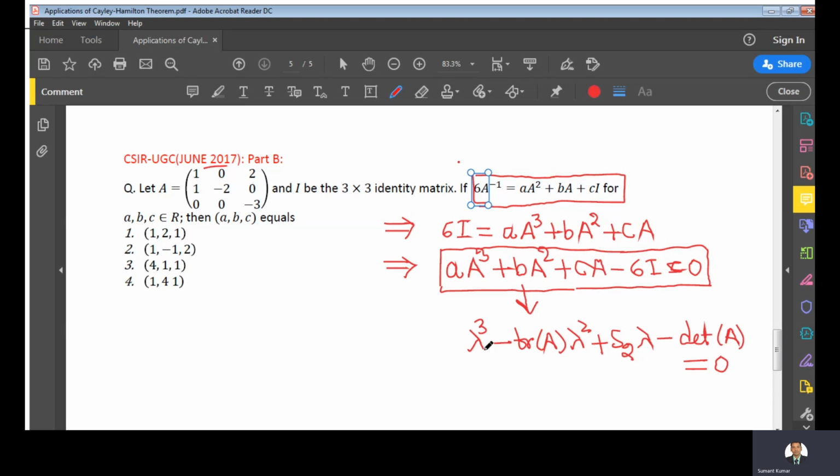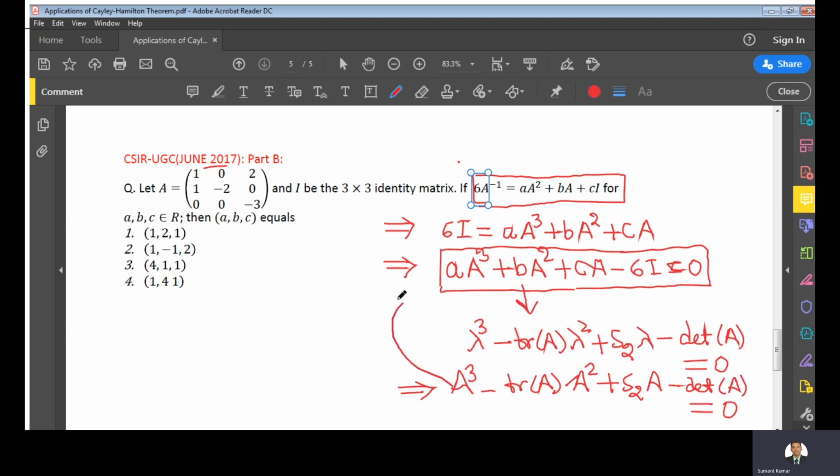So now if you compare these two, when you apply the Cayley-Hamilton theorem, this expression results in A raised to the power 3 minus trace of the matrix A times A square plus S2 times A minus determinant of the matrix A, and this will be equal to the zero matrix, right?